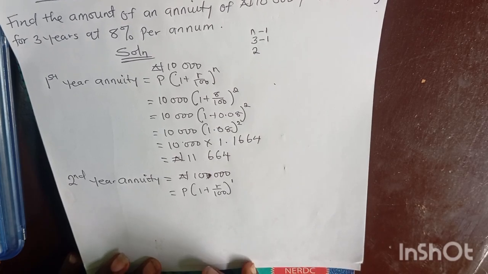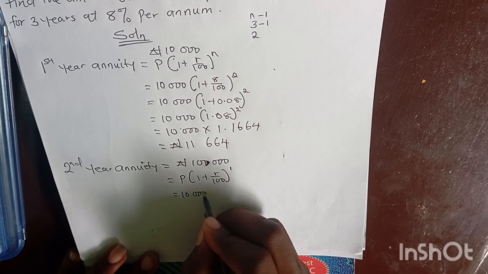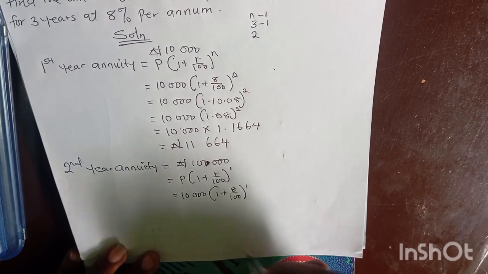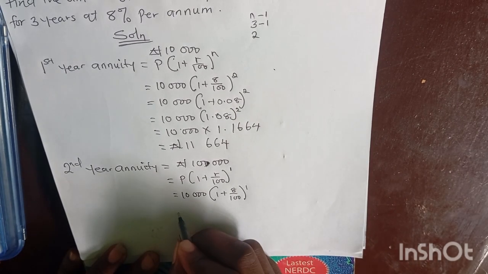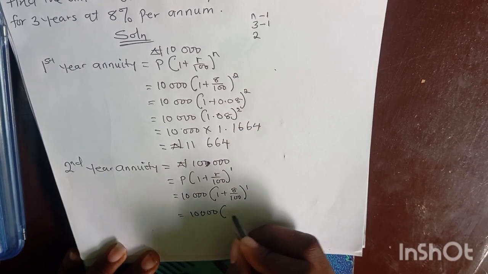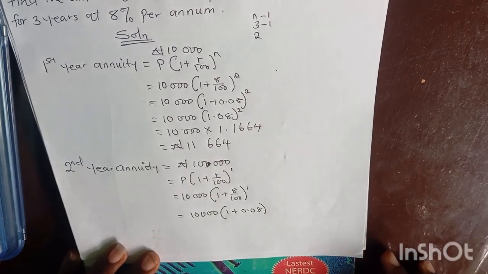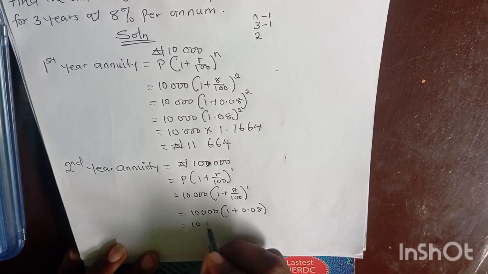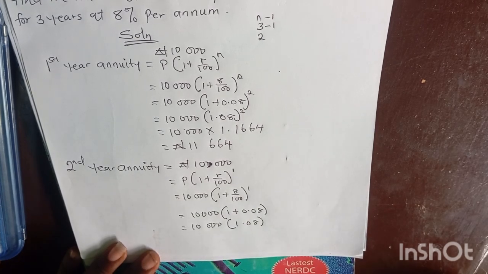Substituting, we have 10,000 open bracket 1 plus 8 all over 100 close bracket raised to the power of 1, which is 10,000 open bracket 1 plus 0.08. Whether we put the power or not, it's 1. So we now have 10,000 open bracket 1.08 close bracket.